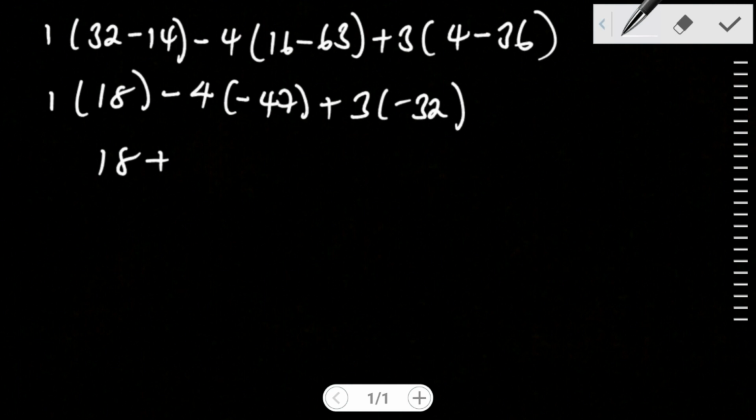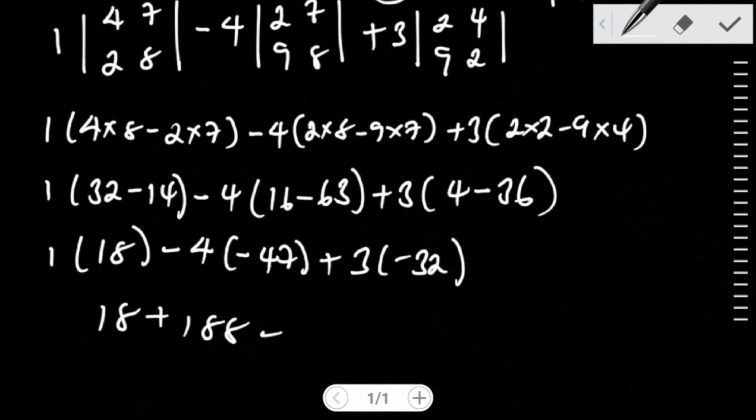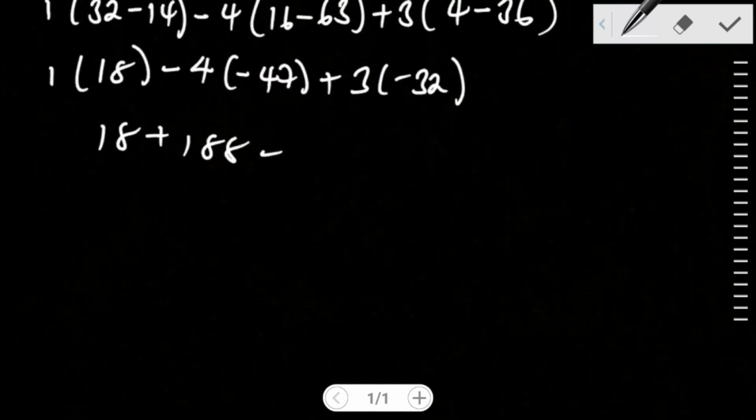So this is going to be 18 plus 4 times 47, which is 188, minus 3 times 32, which is minus 96.